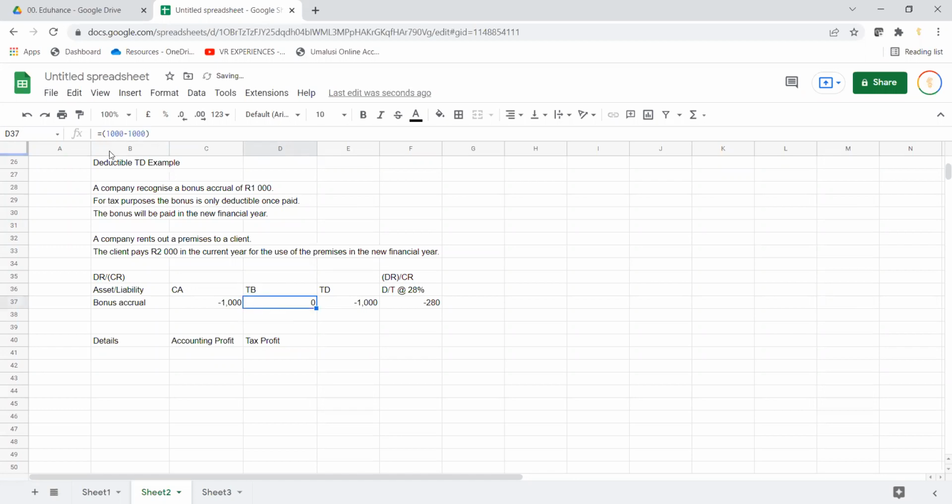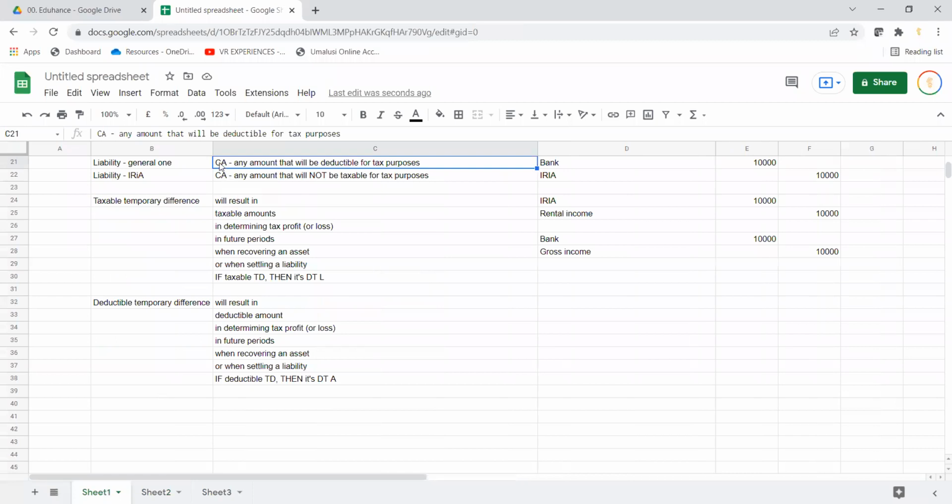And because it's a liability, I make it negative. So remember, how do I get negative? Most of us would know it is zero, but we want to know why it is zero. So you apply the liability tax-base definition: accounting carrying amount, which is 1,000 Rand, minus any amount that will be deductible for tax purposes.